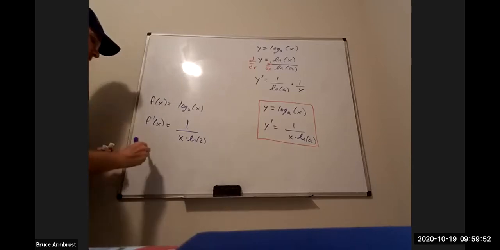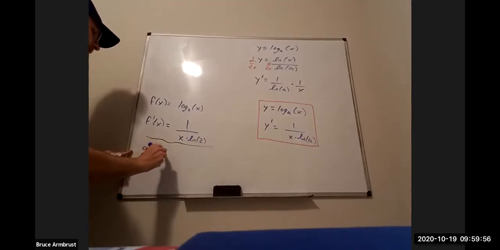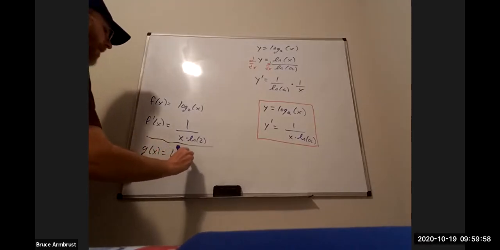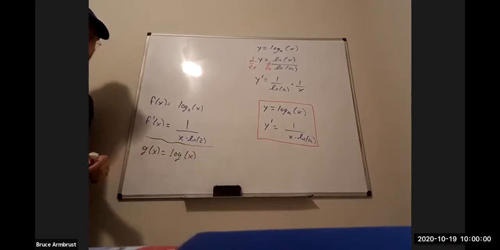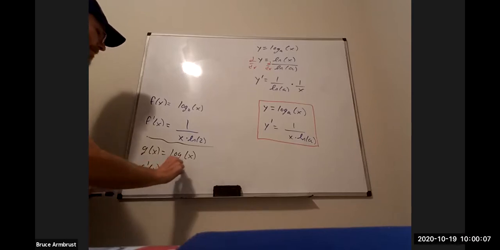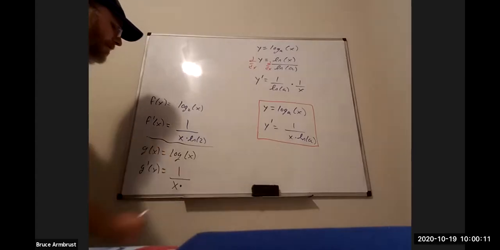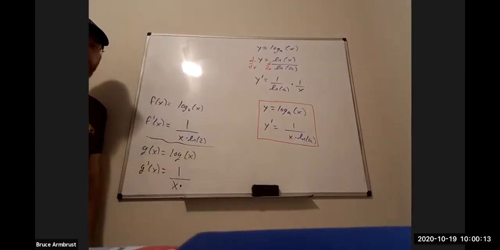Or here's another one. Let's say we've got g of x equals log of x. So g prime is going to be 1 over x times, ooh, what's the base of that? What's the base of just plain old log?